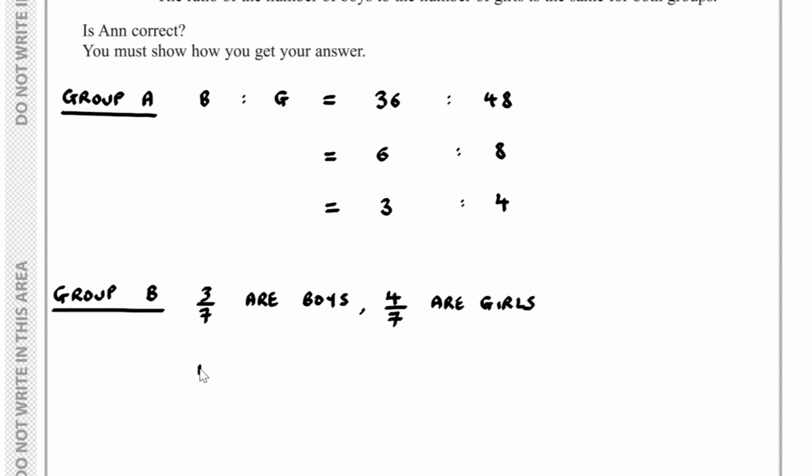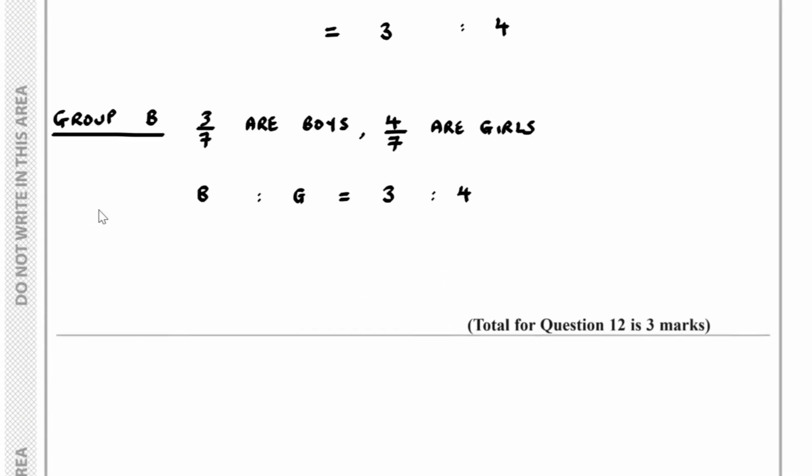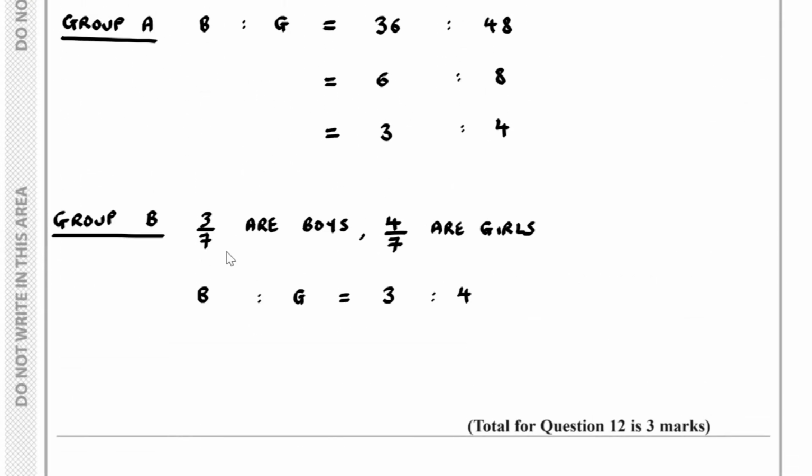And so therefore the ratio of boys to girls is 3 to 4. And so therefore, is Anne correct? Well, of course, they're the same. So therefore Anne is correct.